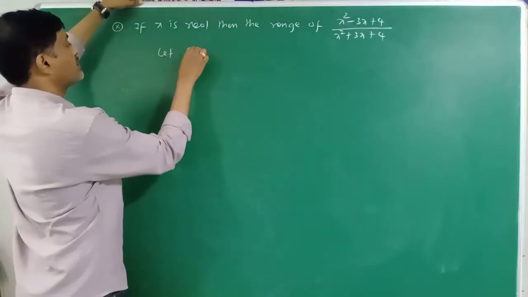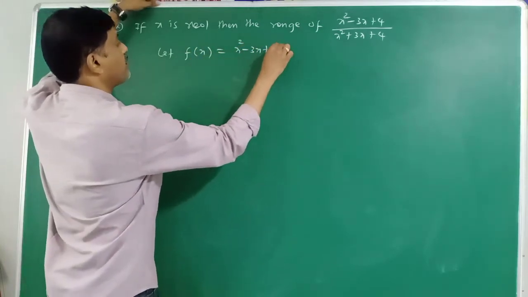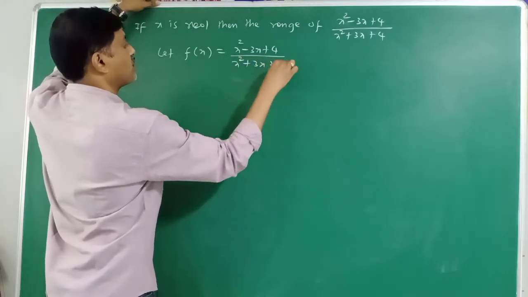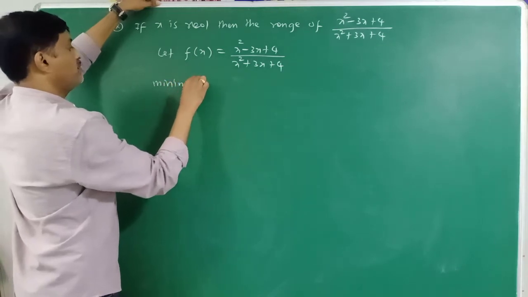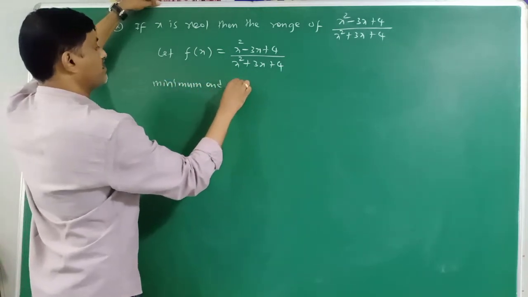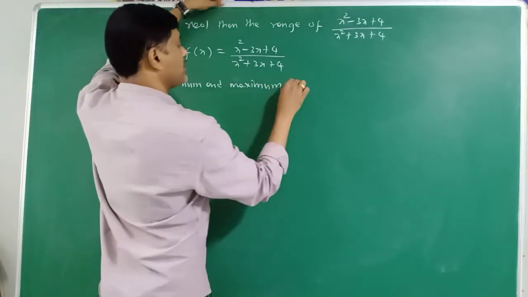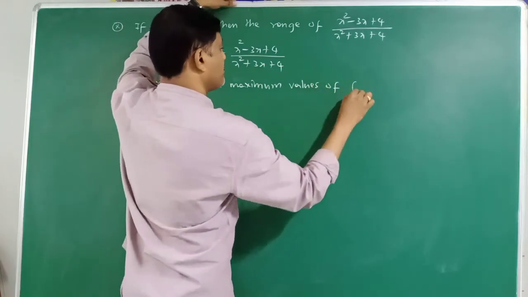Let f(x) = (x² − 3x + 4)/(x² + 3x + 4). We need the minimum and maximum values of f(x).